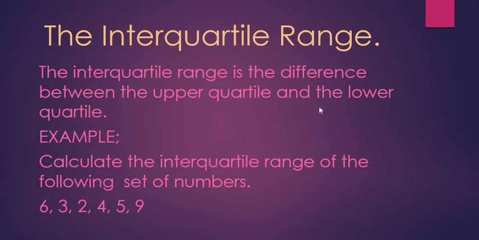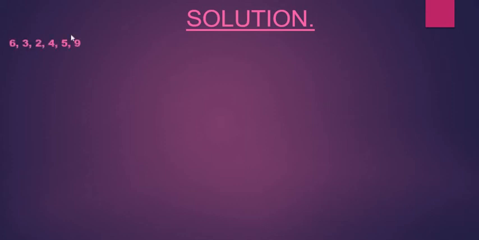So how are we going to calculate this? Let's look at how to calculate the interquartile range of the data that we have been given. The numbers are 6, 3, 2, 4, 5, and 9.